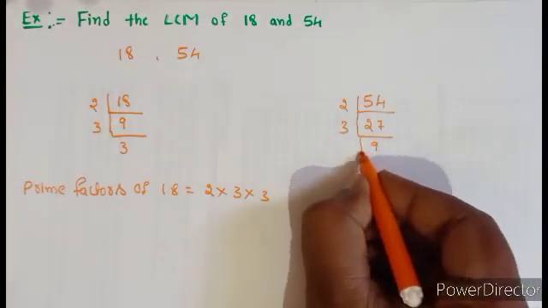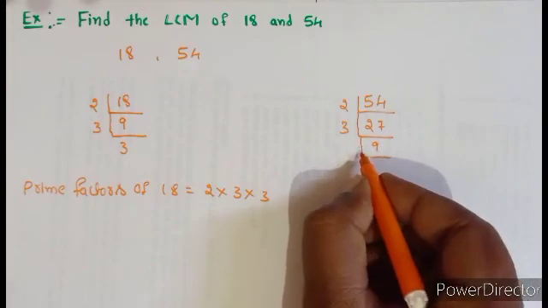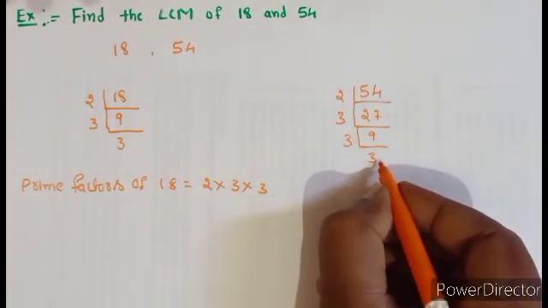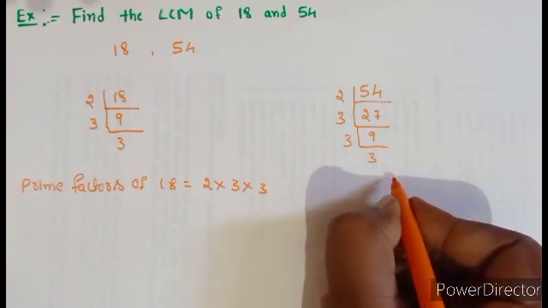Again this 9 is divisible by 3. 3 threes are 9. Here 3 is the prime number, we can't continue, right?